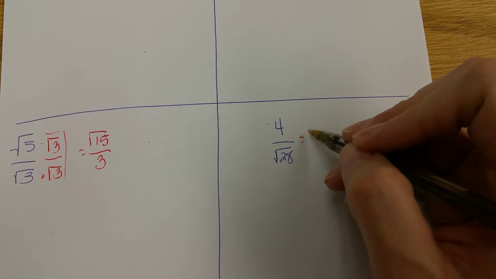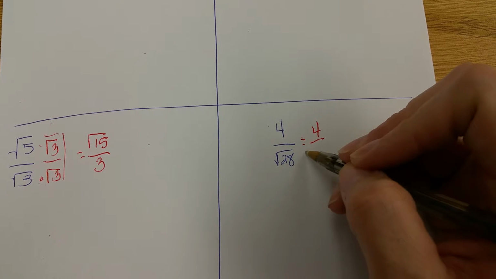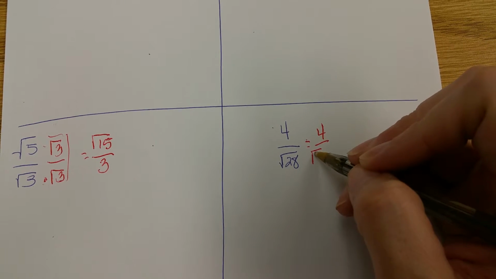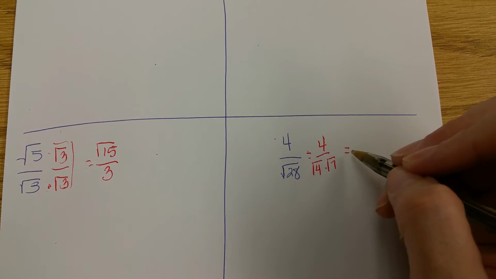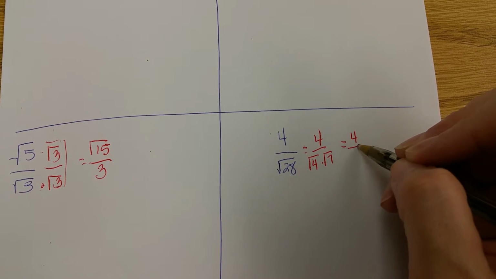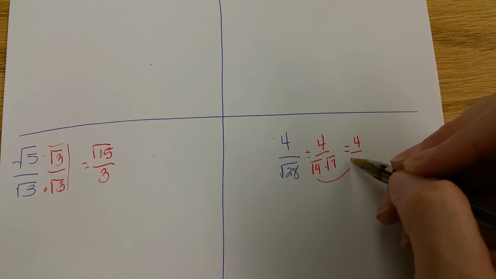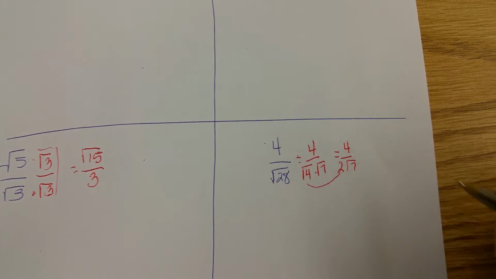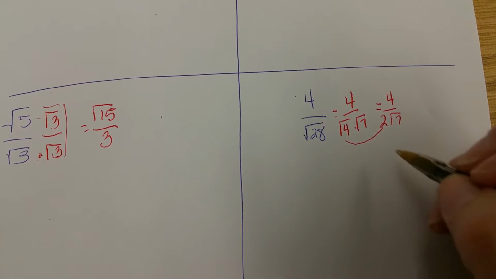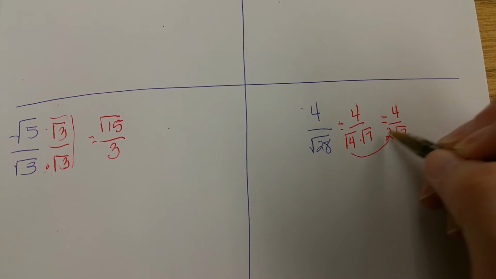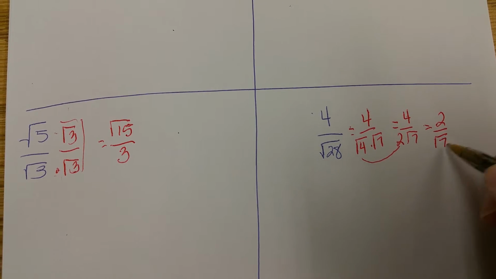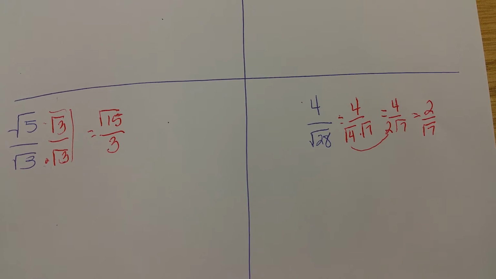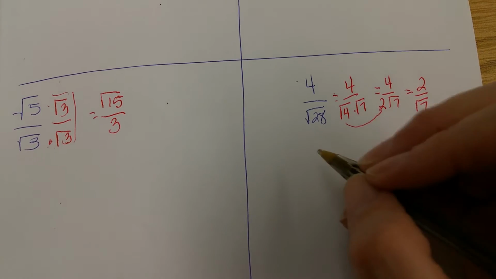So I'm going to reduce that, and I'm going to say, okay, square root of 28 can be broken up into the square root of 4 times the square root of 7. So what I get is 4 over the square root of 4, which is 2, times the square root of 7. Well, 4 and 2 reduce, leaving me with 2 on the top and the square root of 7 on the bottom. Uh-oh, I can't have that.